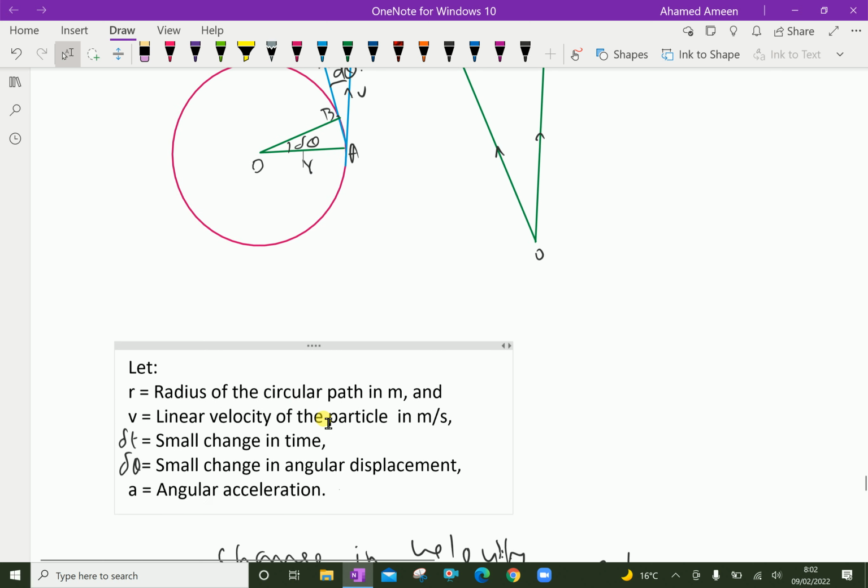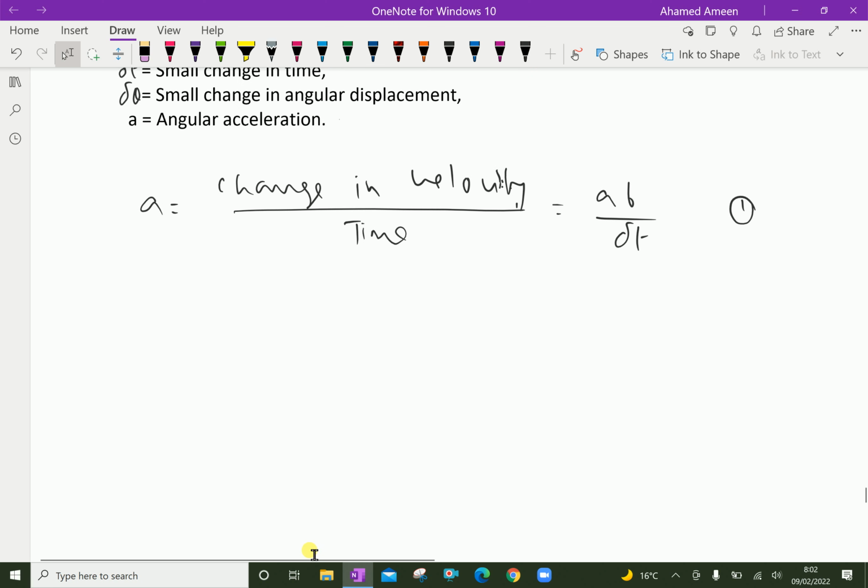Now we will see the relation. Comparing both figures, AB over ab is equal to OA over oa.